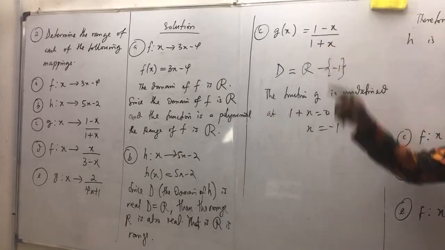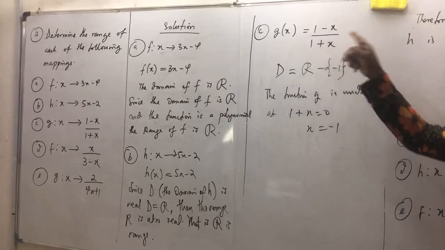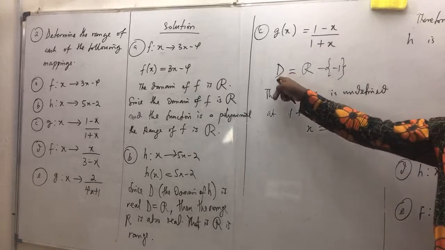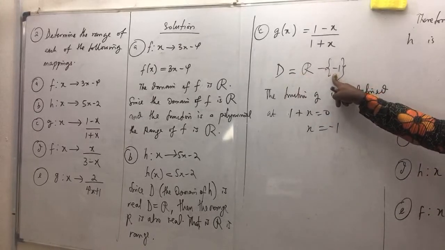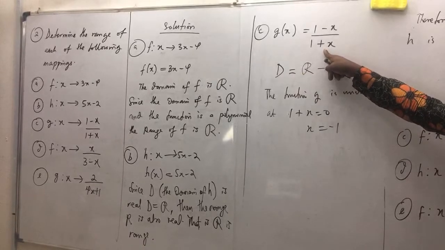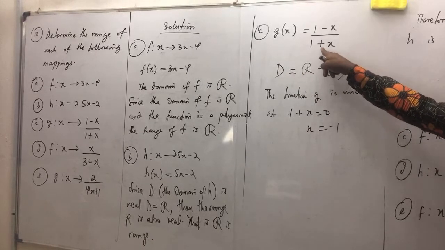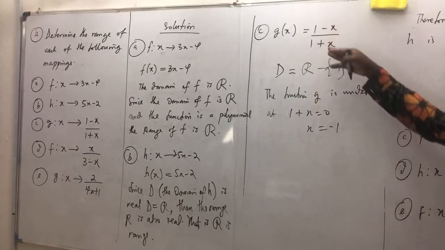So at x equals minus 1, this function will be undefined. As such, the domain of this function is the set of all real numbers minus the set that contains minus 1. At minus 1, it ceases to exist. So apart from minus 1, every real number will satisfy this.